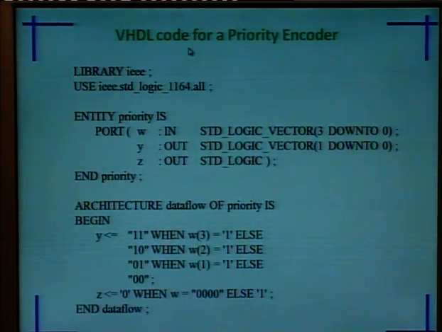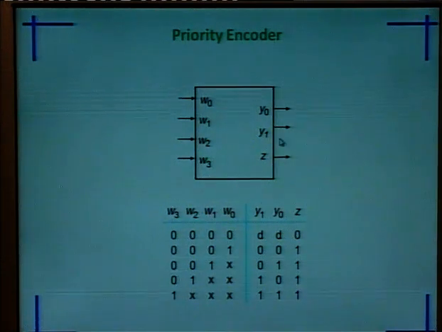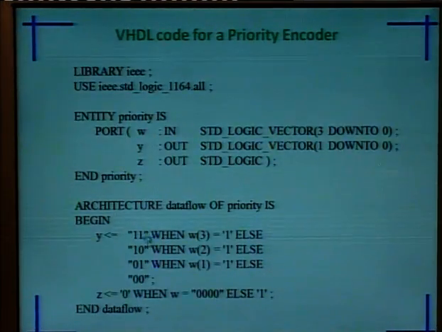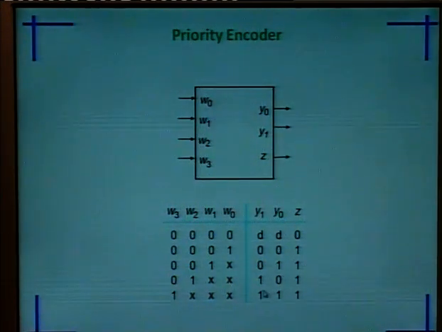Now the VHDL code for the priority encoder. Again we are writing our entity and architecture. We have to implement that when W3 is 1, then 1 1 will be available at the Y output. You can see here, when we have 1 1, W3 will be available at the output.